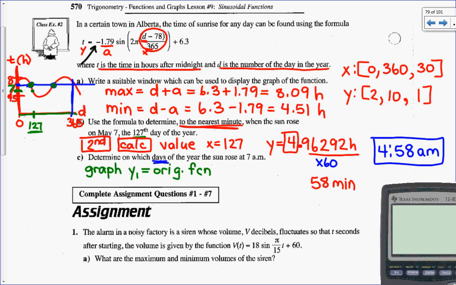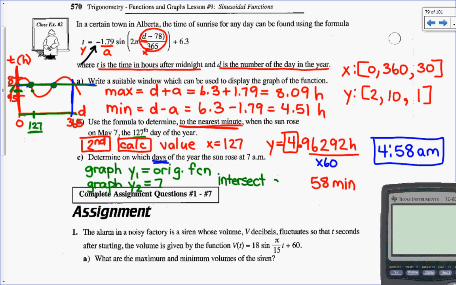I'm not going to write that all out, but if you could plug that into your y1, then you would graph in your y2 equal to 7 to get this horizontal linear function, and then you would calculate the intersections.